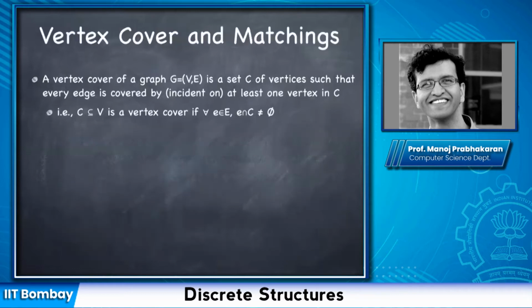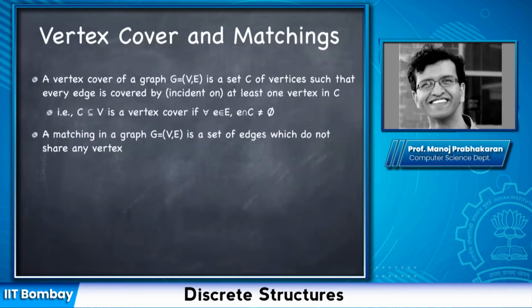That's what a vertex cover is. And remember what a matching is. It's a subset of edges such that no two edges share a vertex. It's a set of edges such that if you took any two distinct edges, they are disjoint. So what's the connection between vertex cover and matching?